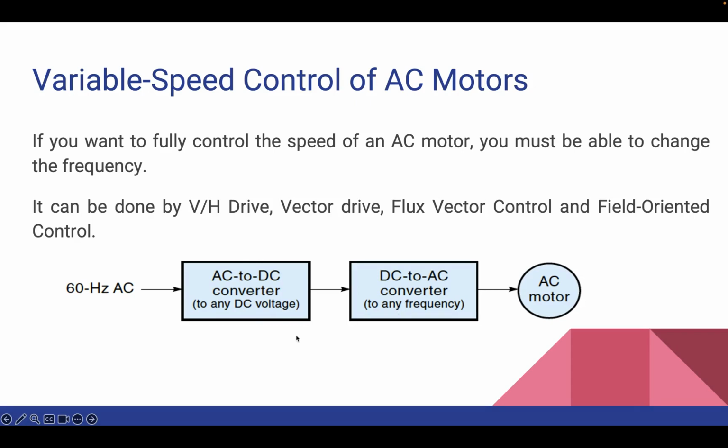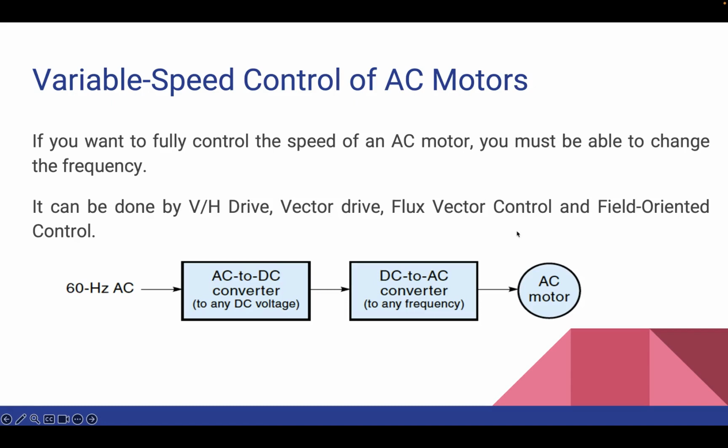control the speed. And in the vector drive, this method estimates the motor speed and rotor flux using mathematical models, which allows for precise control of speed and torque without the need for any additional sensors.